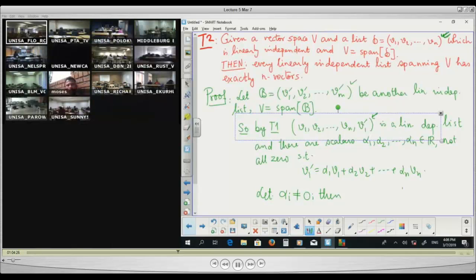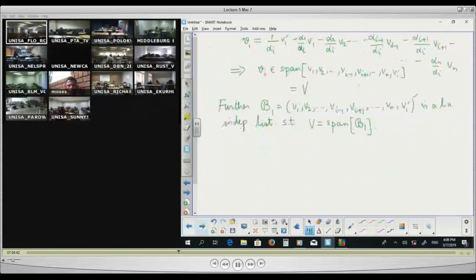With this assumption, I have produced a third list, which has n-1 vectors from the original list Vi's, and exactly one, the first one, V1 prime, from the new list that I started off with.